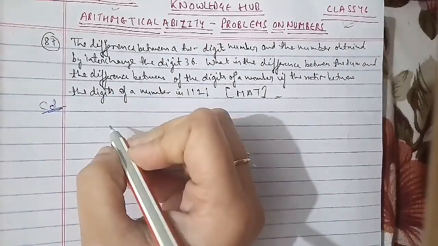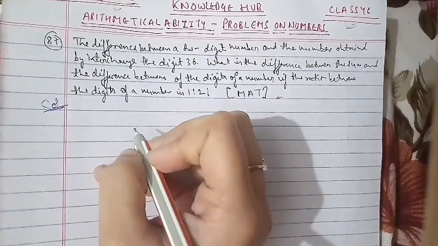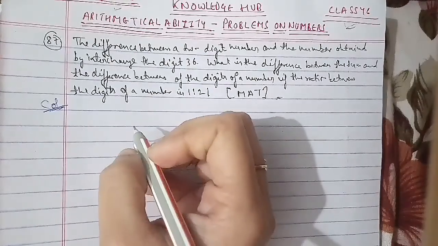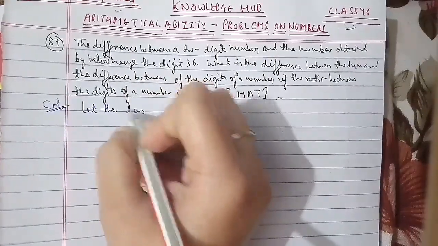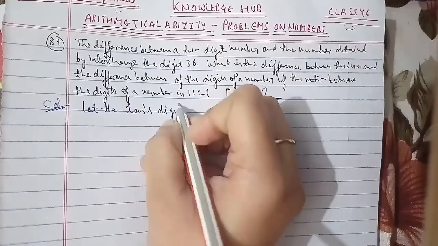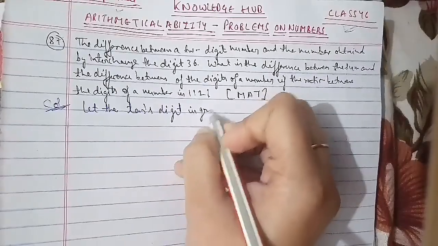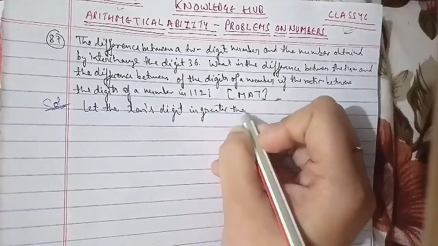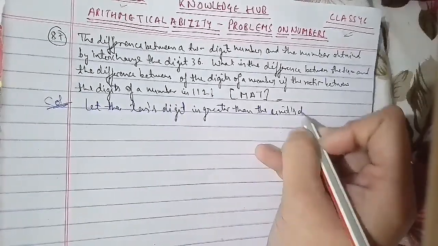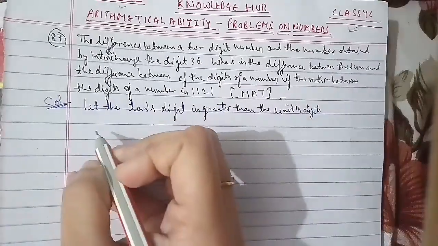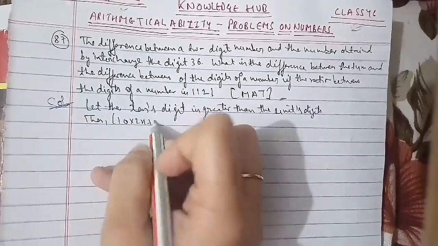Let the tens digit be 2x and the unit digit be x. Then (10 × 2x + x) − (10x + 2x) = 36, 9x = 36, x = 4.